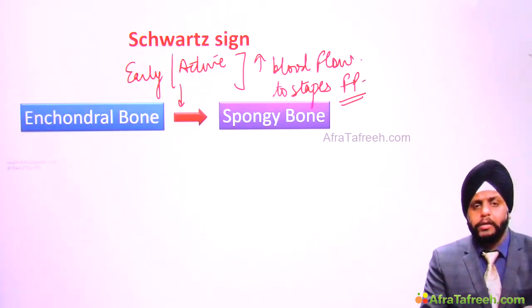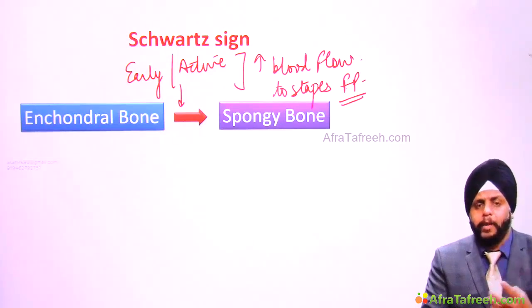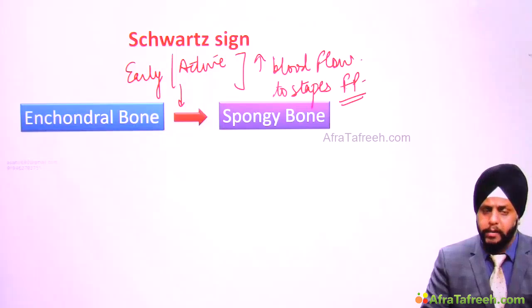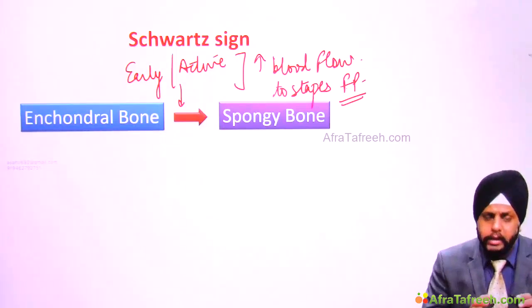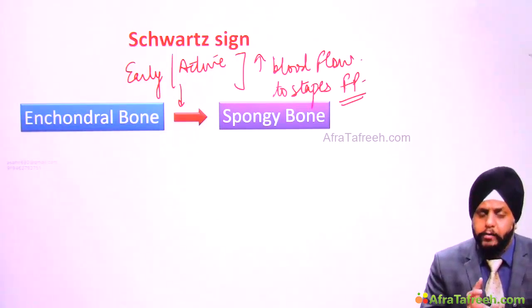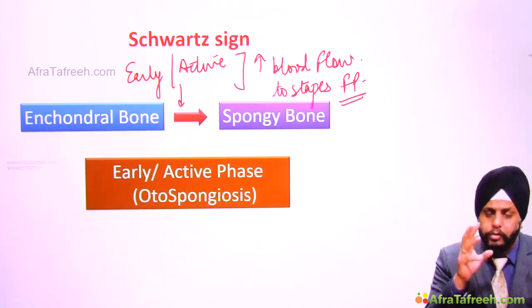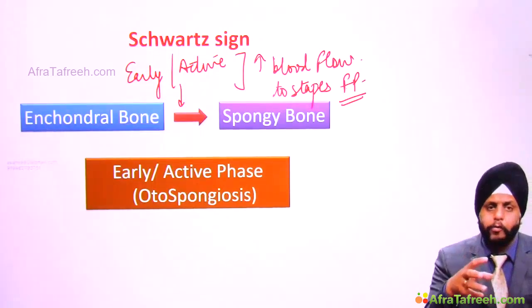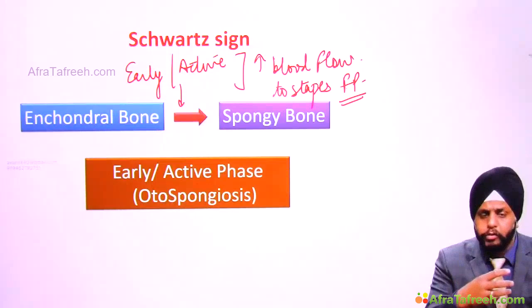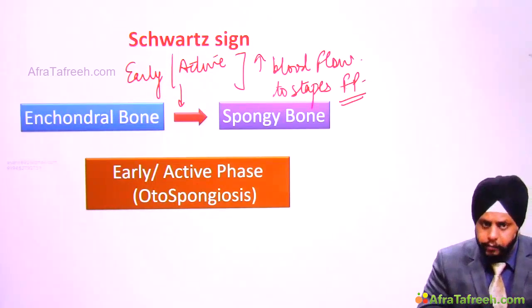So therefore, this area shines as flamingo pink color on the tympanic membrane. Okay, now this early or active phase of disease is also known as otospongiosis. So spongiform formation, otospongiosis, is happening in this phase.